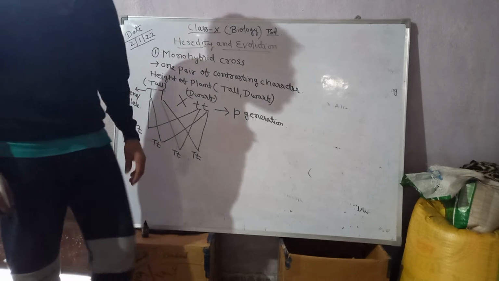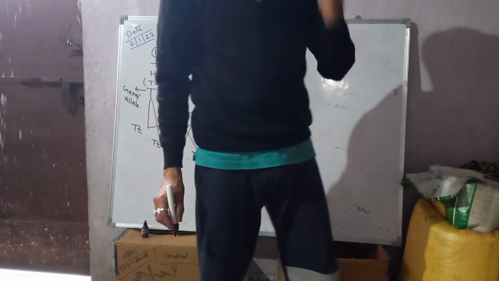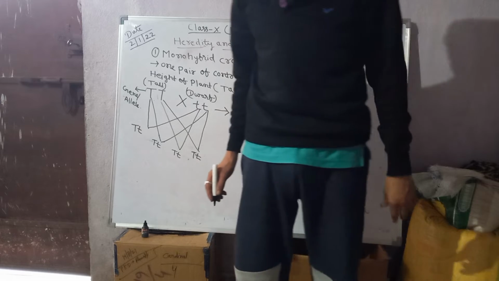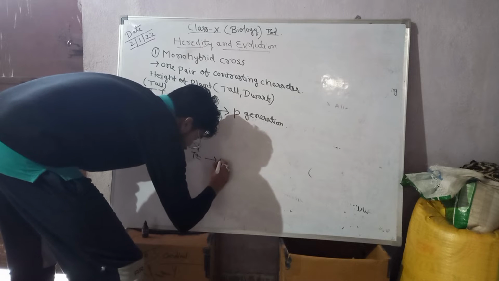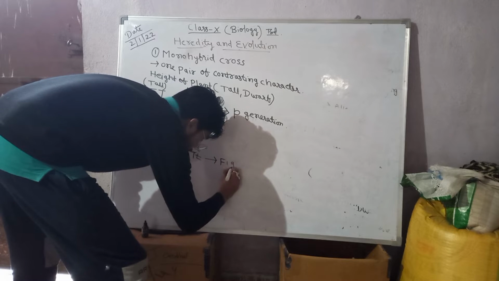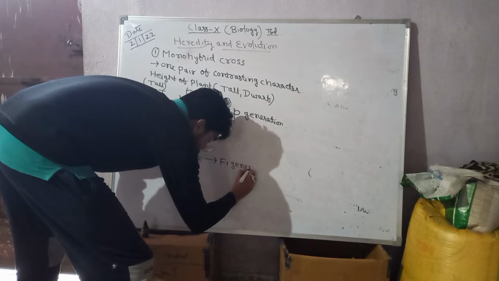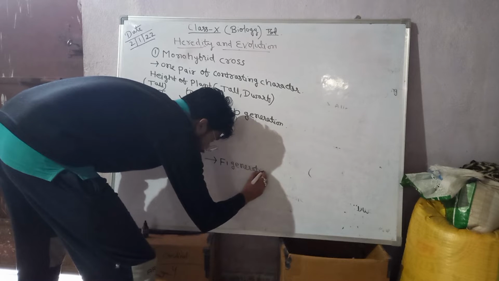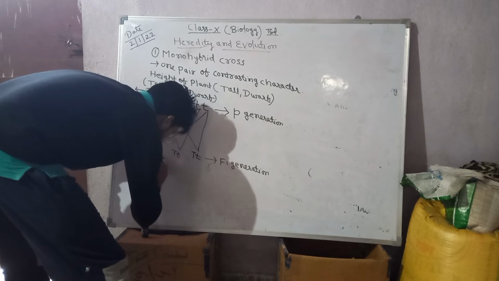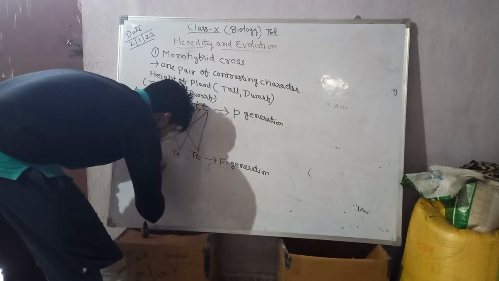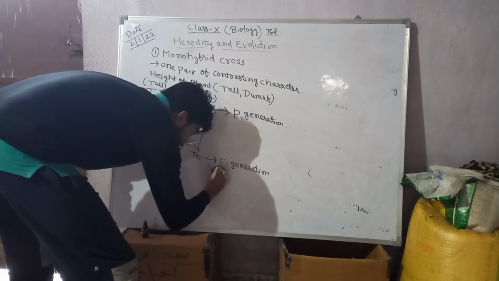These all are the progeny or offspring of the F1 generation, that is the first filial generation. So I am writing this. This one is the F1 generation. These all are the progeny.